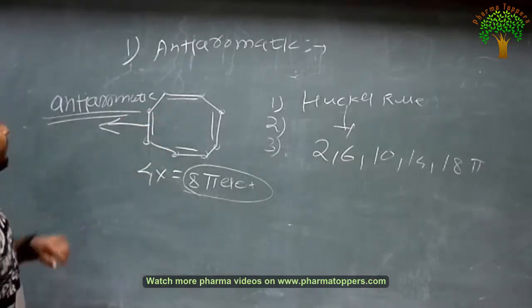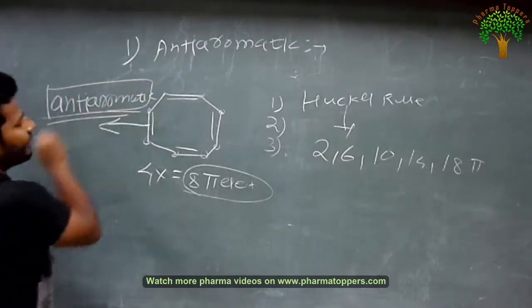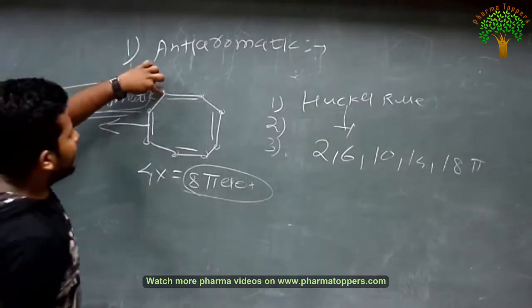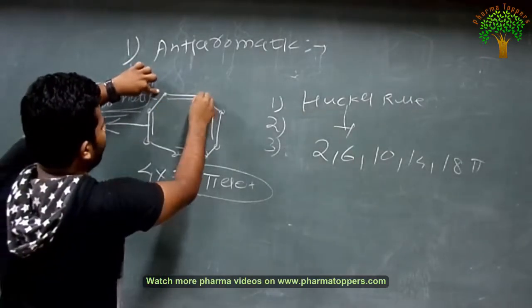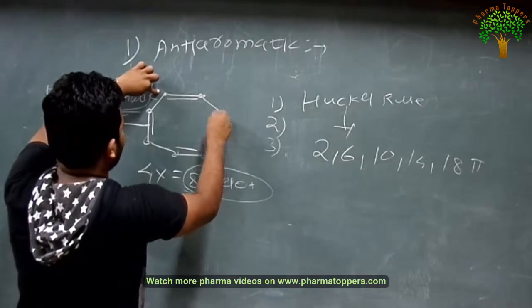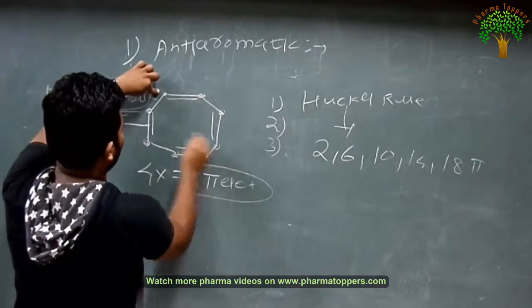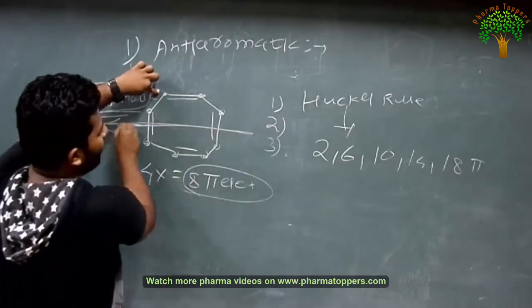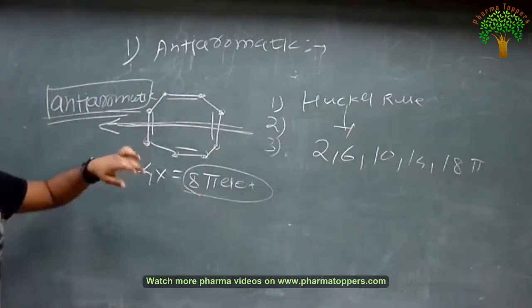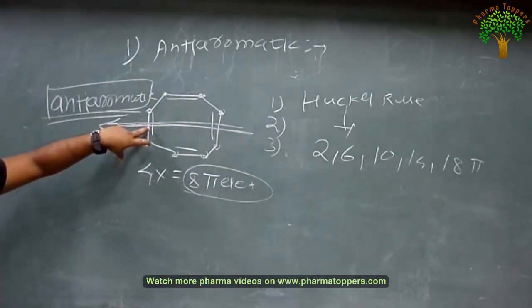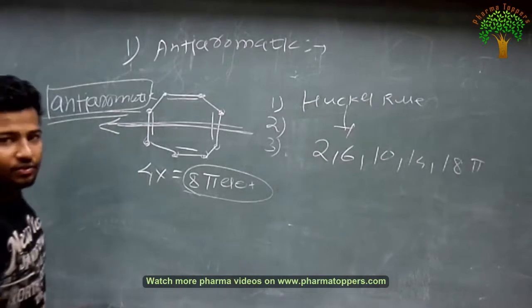And the next reason for its anti-aromaticity is that when this structure is divided into 2 partitions, some of the electrons are involved in this partition. That's why it is called anti-aromatic.